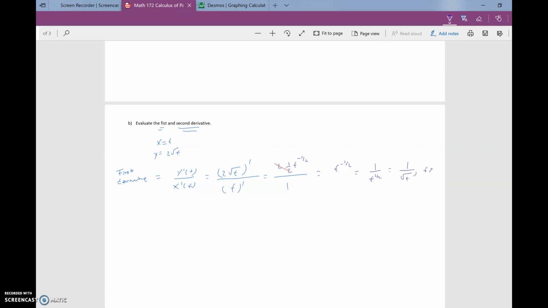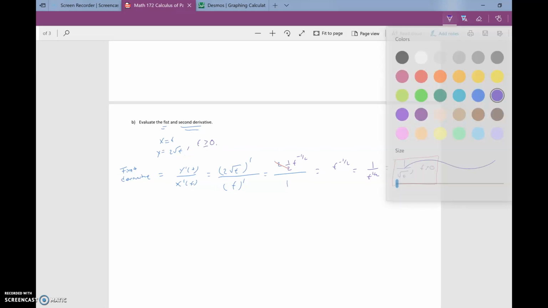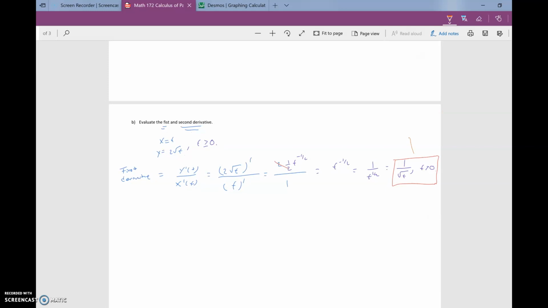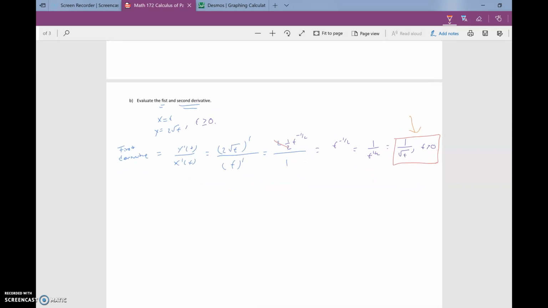We're assuming that t is greater than 0 for this one, and that's because it happens to be in the denominator. So it's not defined for 0, even though in the original function t is greater than or equal to 0. That is a disclaimer that needs to be added. Minor technicality, but because the t ends up at the bottom, we don't end up with a 0 value. So that's our first derivative.